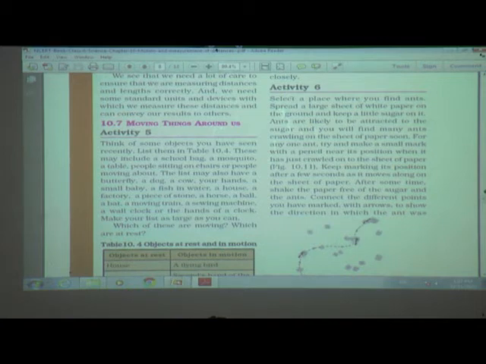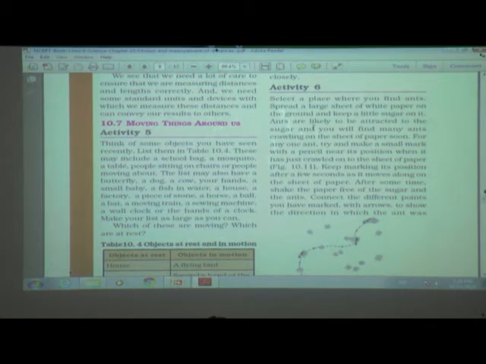Select a place where you find ants. Spread a large sheet of white paper on the ground and keep a little sugar on it. So for that, near the ants you place the white paper and spread some amount of sugar on it. Ants are likely to be attracted to the sugar, and you will find many ants crawling on the sheet of paper soon.